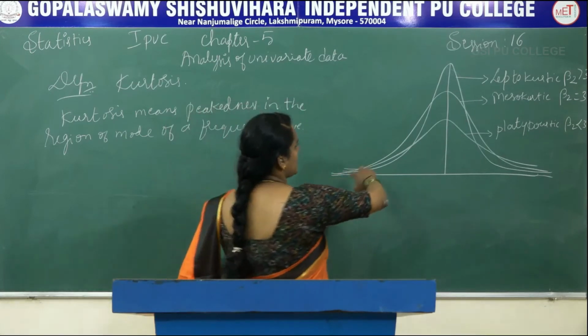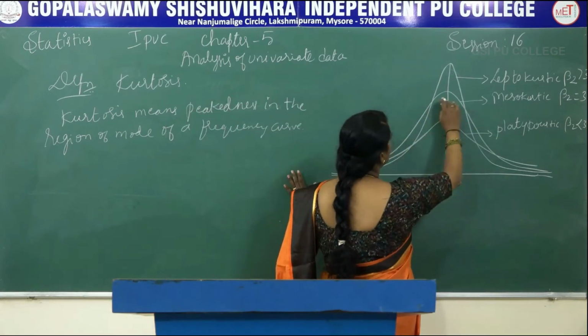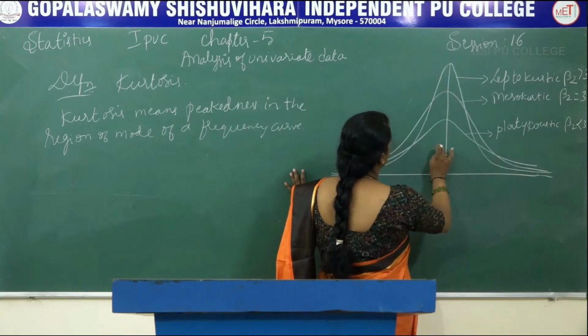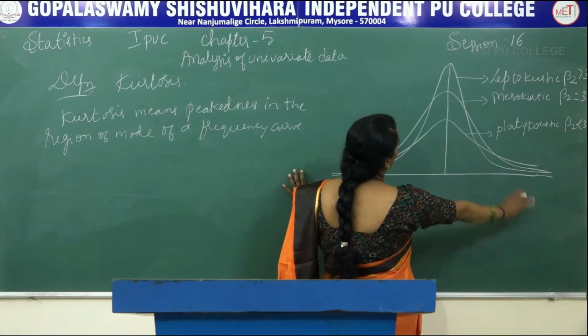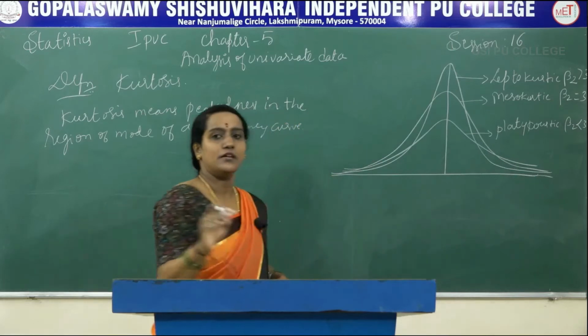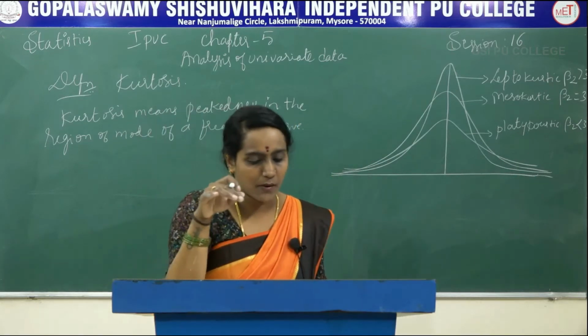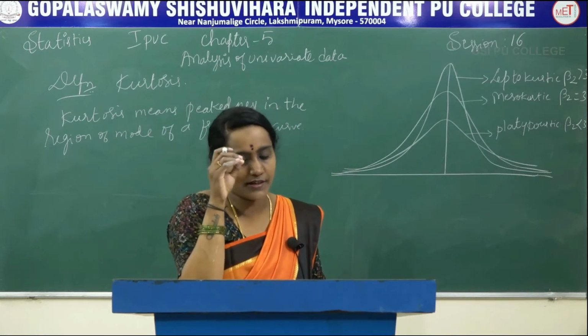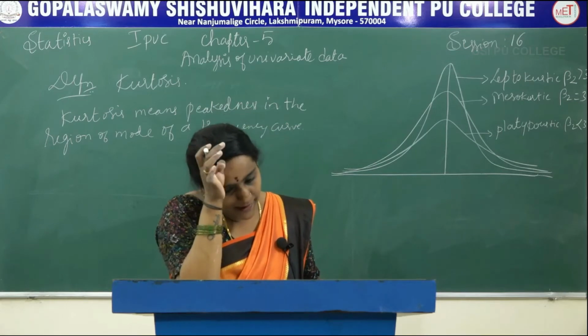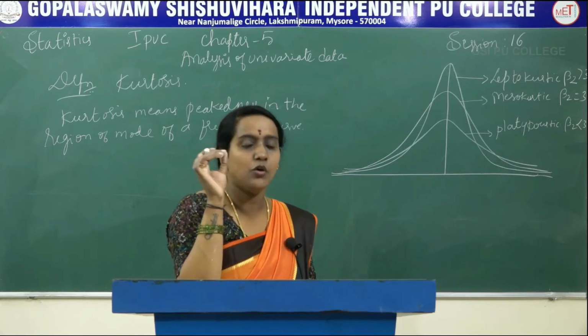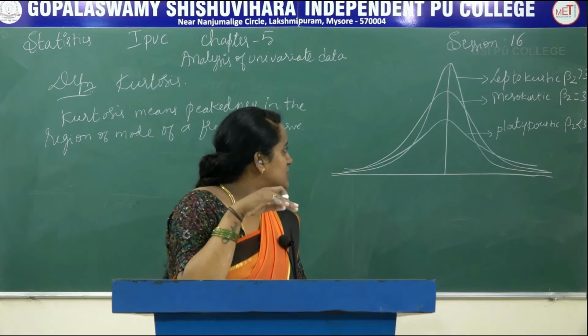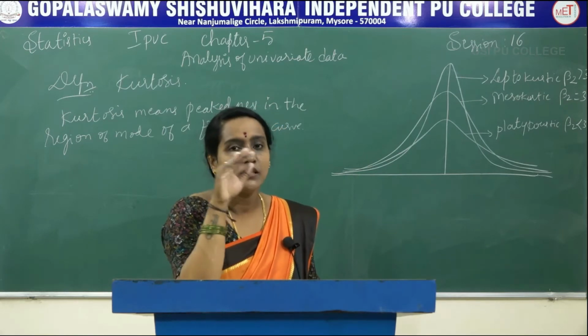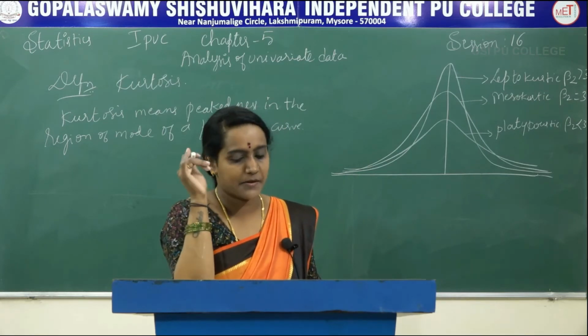You just observe the mesocurtic, it is not too sharp or too flat, but it is moderate. So this is when the beta 2 value is equal to 3, and we call this curve mesocurtic, and we always take it as the standard curve, a bell shaped curve.